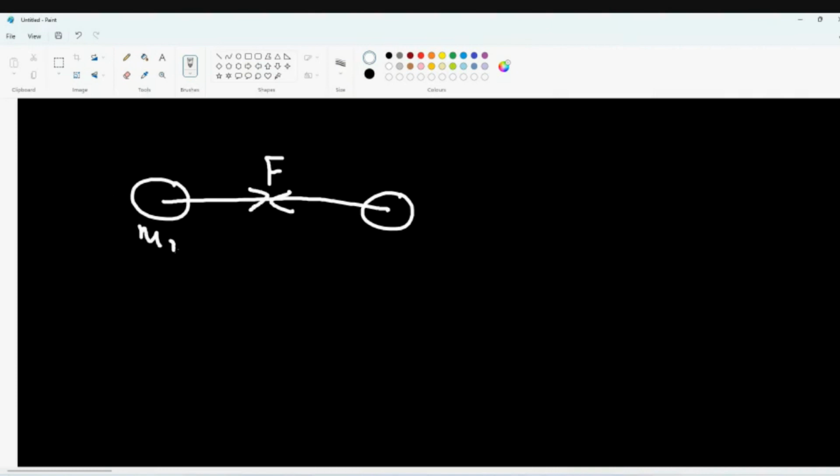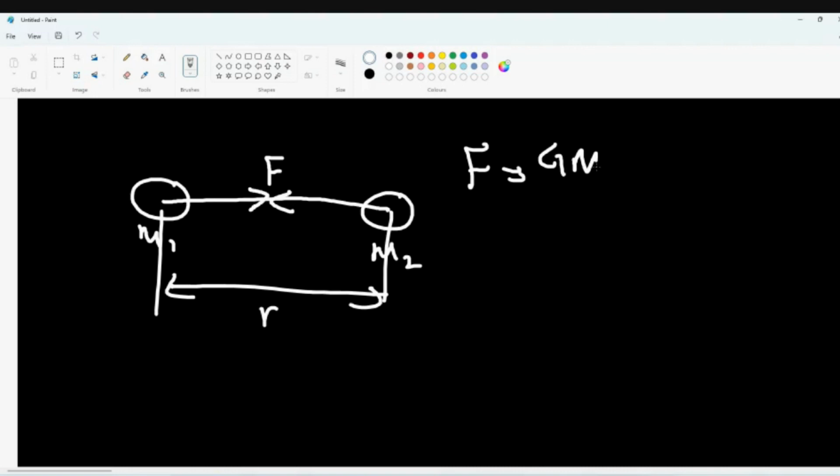So here we have M1 and M2, and the distance between these two bodies is R. So the relationship is F equals G M1 M2 over R squared, and the force is a force that exists between two bodies.